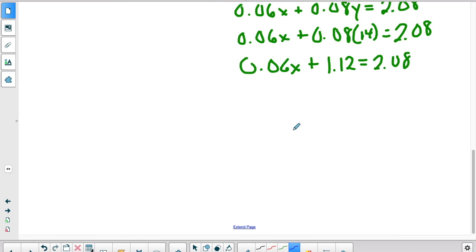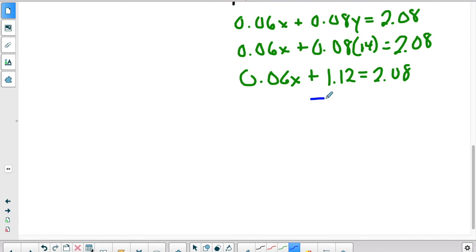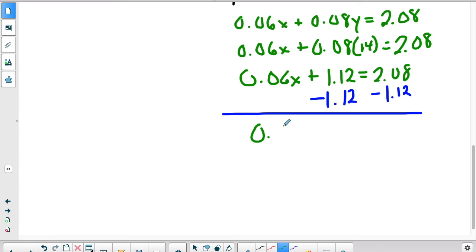And again, we're still solving for x, so we need to get it by itself. So I'm going to subtract 1.12 from both sides. And when I subtract that from both sides, I get that 0.06x is equal to 0.96.